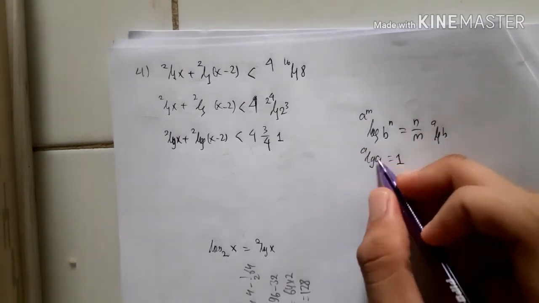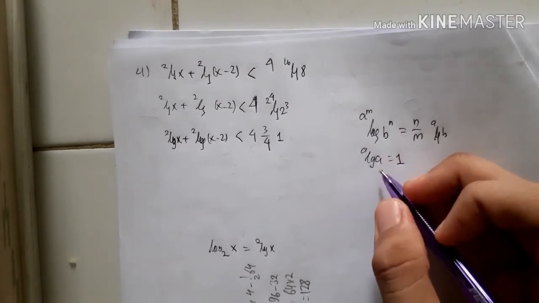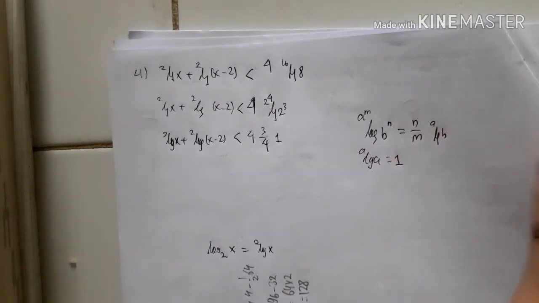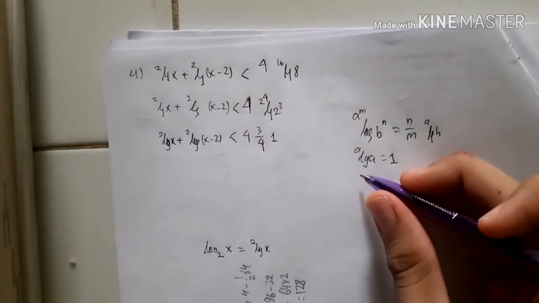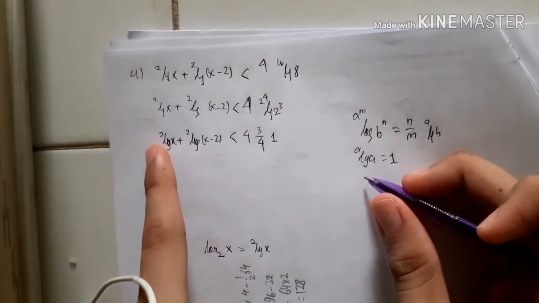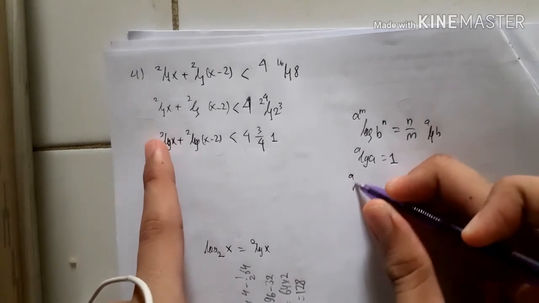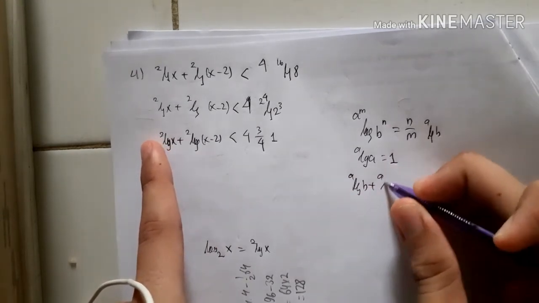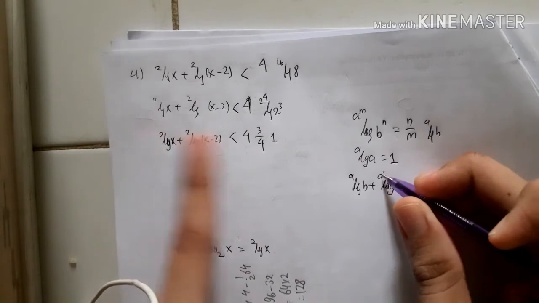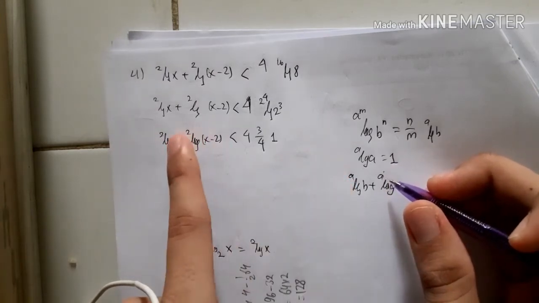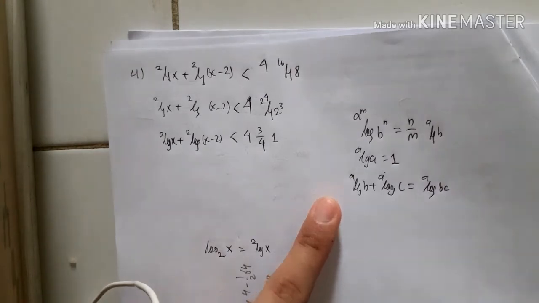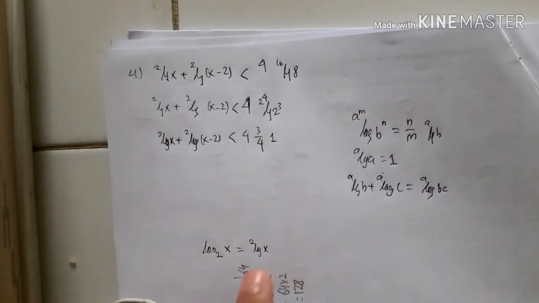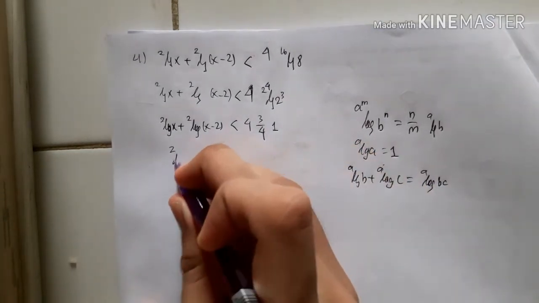If the base and the content of the logarithm are the same, it equals 1, right? And then another identity of the logarithm is that when you add logarithms with the same base, remember, with the same base, a and a here, for example, base a logarithm b plus base a logarithm c is equal to base a logarithm b times c. You can do that here.